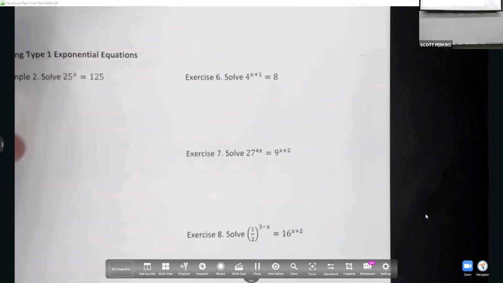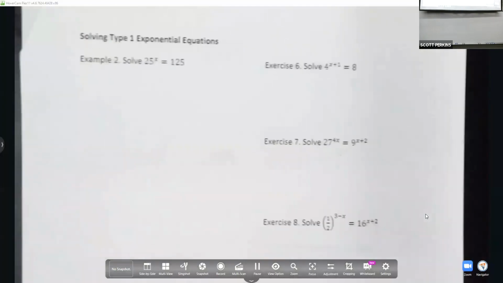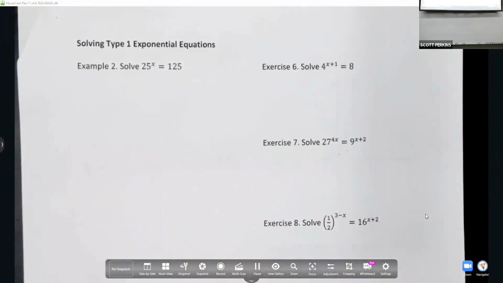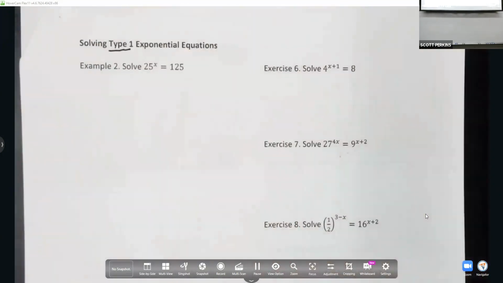All right, so the last thing that we are going to do in this section, since we have a new type of function, we are going to look at equations involving that function. And we're going to do this twice, once in this section and once in the last section of this particular unit. So right now, we have what our book, because it's very clever, calls type 1 exponential equations.